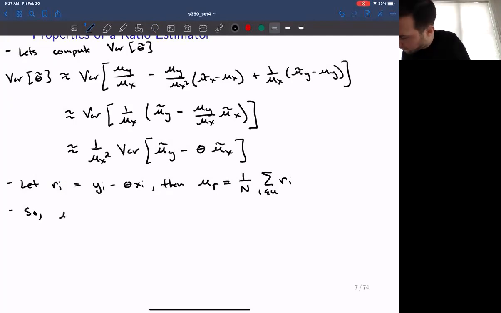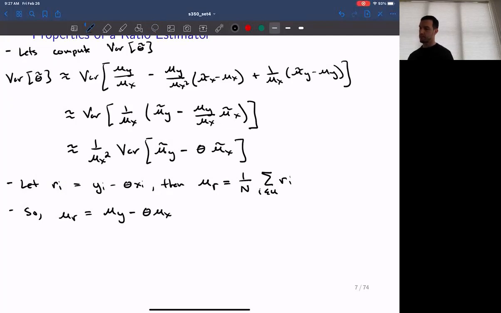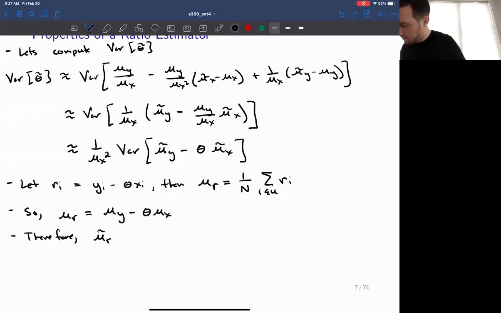So mu of r can also be written as mu y minus theta times mu x. Therefore, mu tilde r is equal to mu tilde y minus theta times mu tilde x.